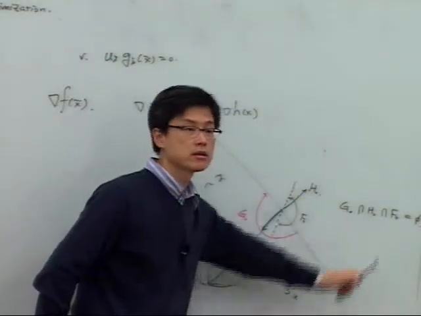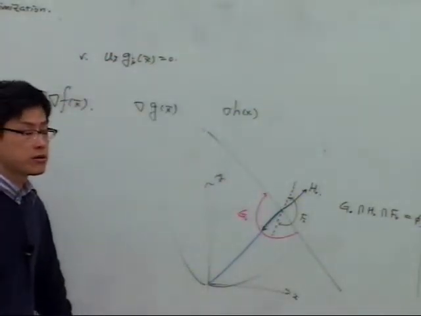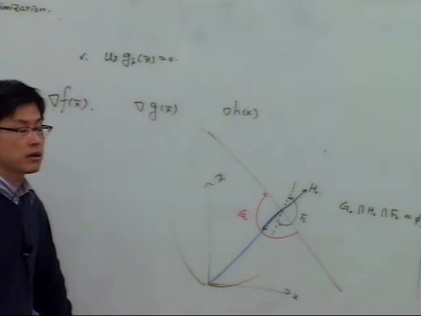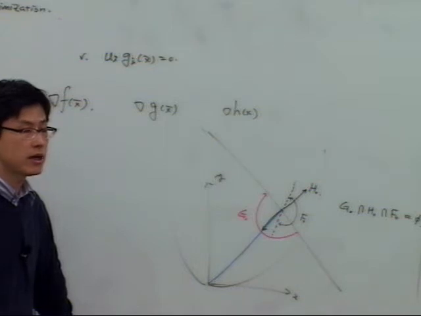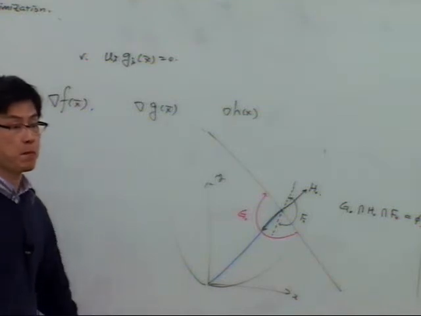This is the most important concept here. Even though the gradient of the function is non-zero, if you cannot find any descent direction, then it's your local minimum. That's the point here. Okay?